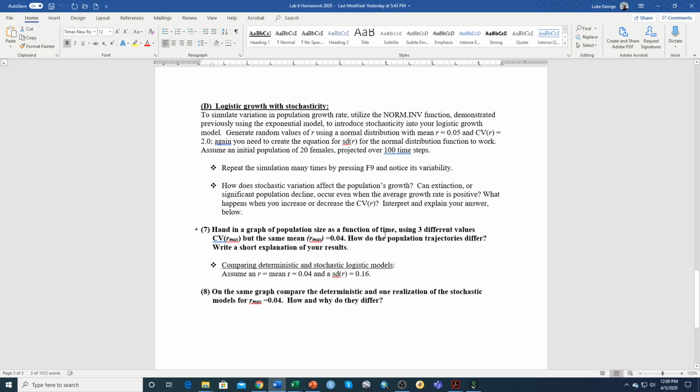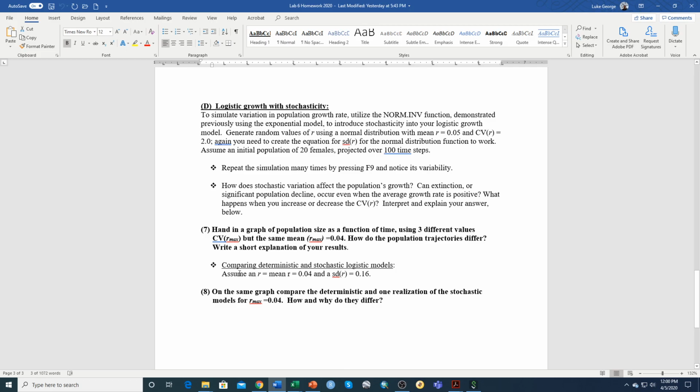You can then look at some questions that we have here. We want you to hand in a graph using 3 different values of CV R max, but the same value of the R max, and ask how do those trajectories differ.